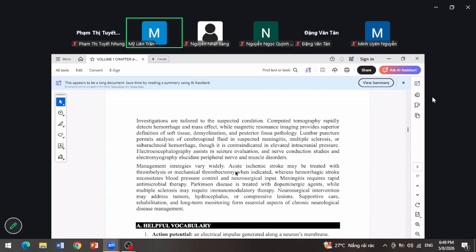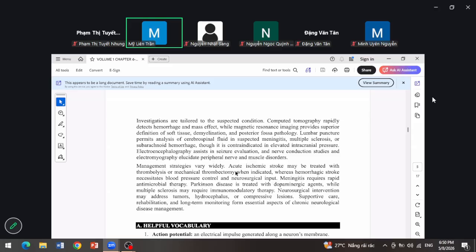Management strategies vary widely. Acute ischemic stroke may be treated with thrombolysis or mechanical thrombectomy when indicated, whereas hemorrhagic stroke necessitates blood pressure control and neurosurgical input. Meningitis requires rapid antimicrobial therapy.